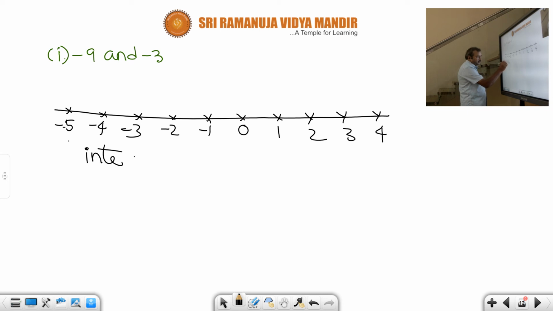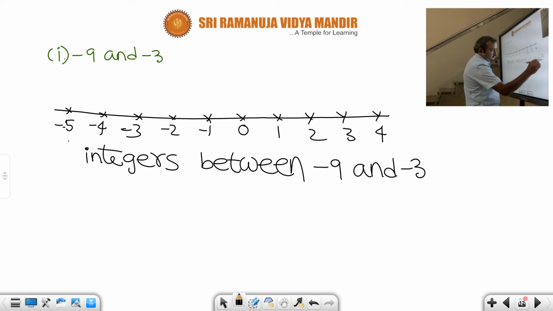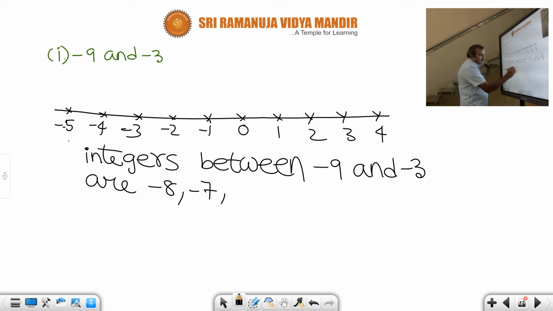Integers between -9 and -3 are: after -9 you will get -8, next -7, next -6, -5 and -4.